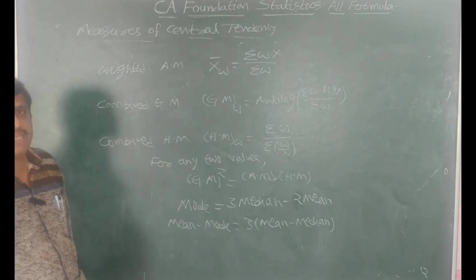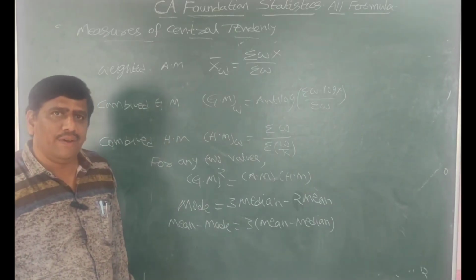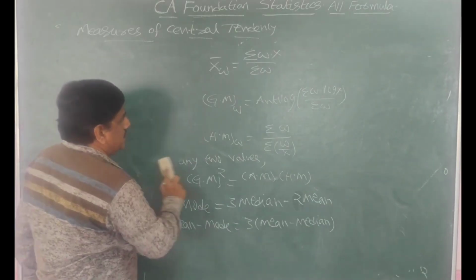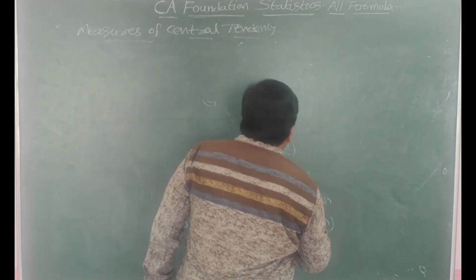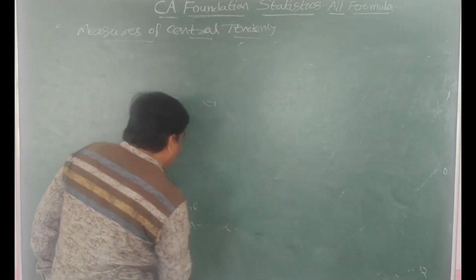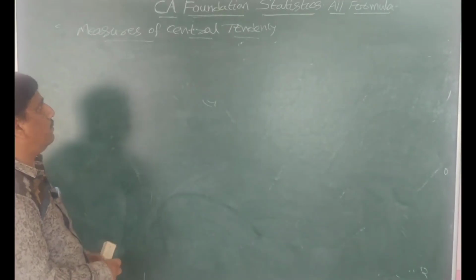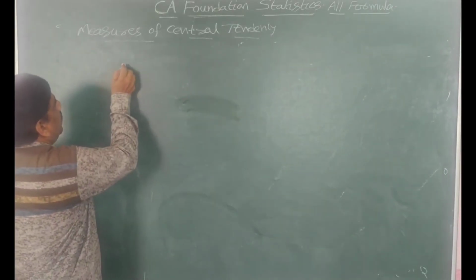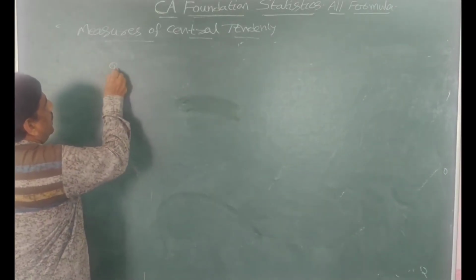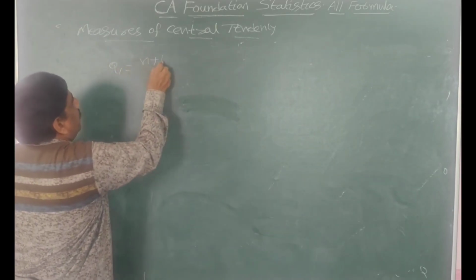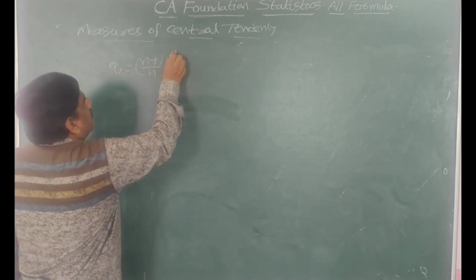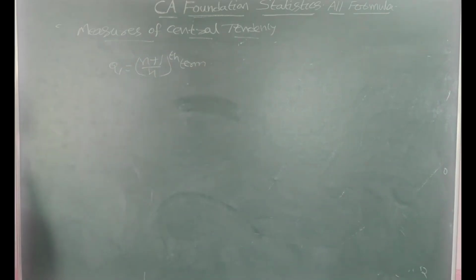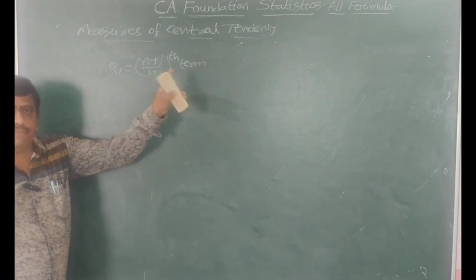After that, we will now discuss other positional averages: quartiles, deciles, octiles, percentiles and so on. Quartiles divide the data into 4 equal parts. Coming to individual series, the first quartile formula is the (n plus 1) by 4th term. First arrange in ascending order, and then find the (n plus 1) by 4th term.